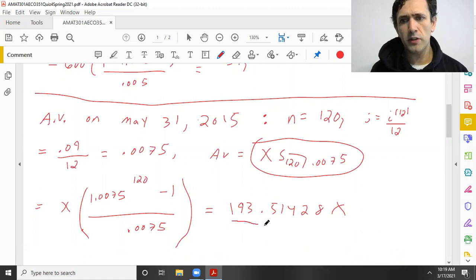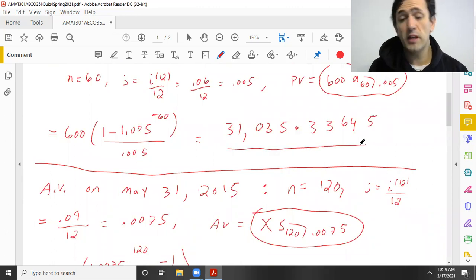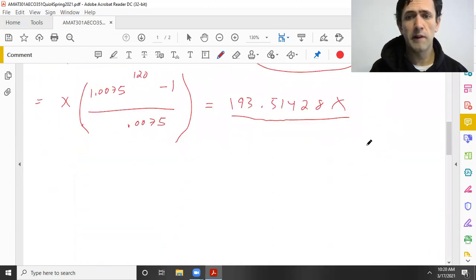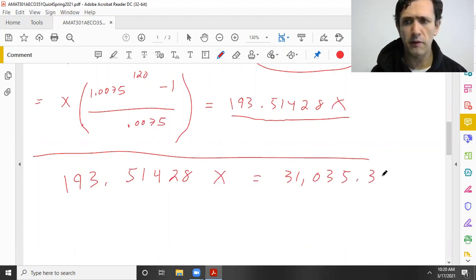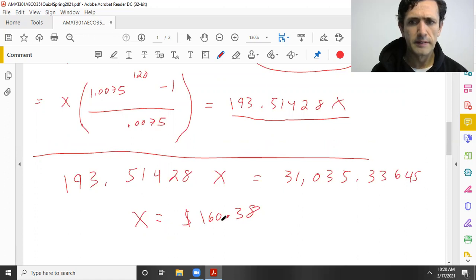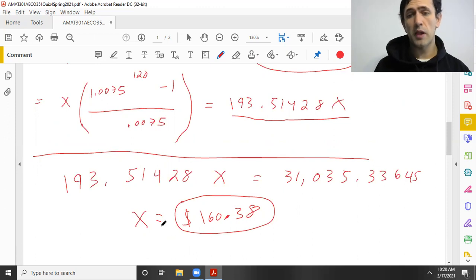All right, so this amount is used to purchase an annuity that costs this amount, so the two have to be equal. So 193.51428X is 31,035 and roughly 34 cents. So X is going to be 160.38. So these are the deposits you make at the end of each month.